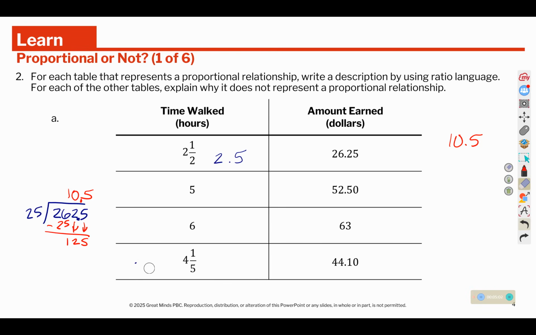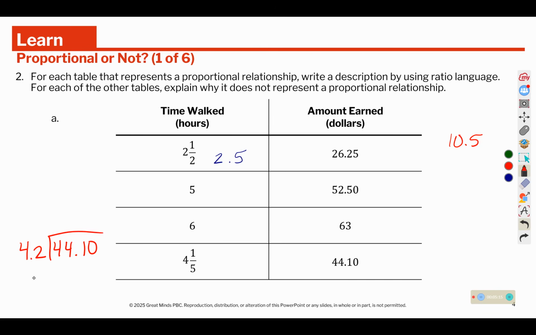Let's check another spot to see if it's the same at another place in the rows. Here I had 44.10 divided by 4.2. We'll move those, changing this to be 42 and 441. 42 fits into 44 once.